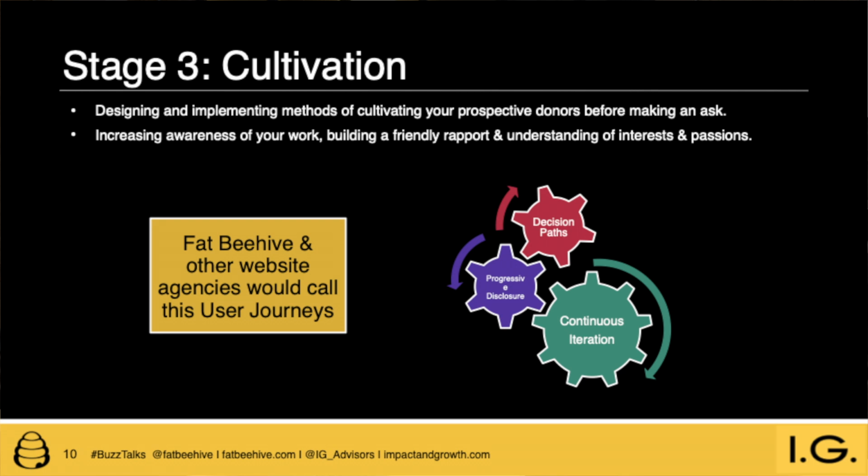When we're looking at user journeys, we're looking at 3 main things: decision paths, progressive disclosure, and iteration. With decision paths, we want to identify what takes users from decision A to decision B or C or D. Imagine somebody decides to click on a Google ad and come to the site, all the way to decision C, where they decide to donate or to contact or to support you in some way.